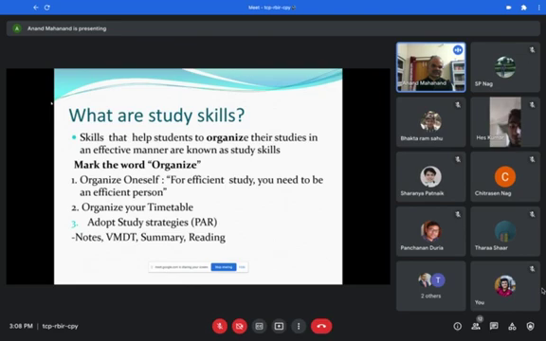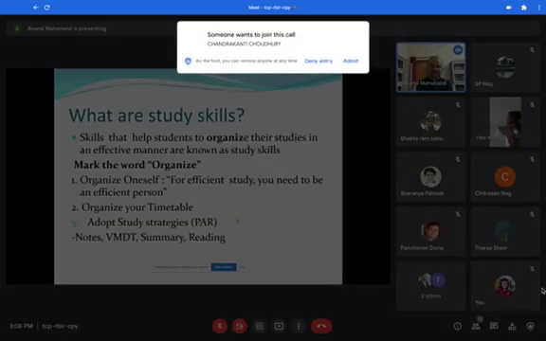Study strategies. Some study techniques you have to adopt. For example, we have to adopt this PAR, P-A-R. P stands for preparation, before the class, before you go to school even, how to prepare yourself, know about the topic, think about the topic that will be discussed in the next class.